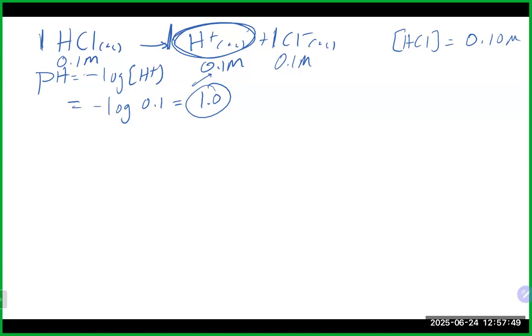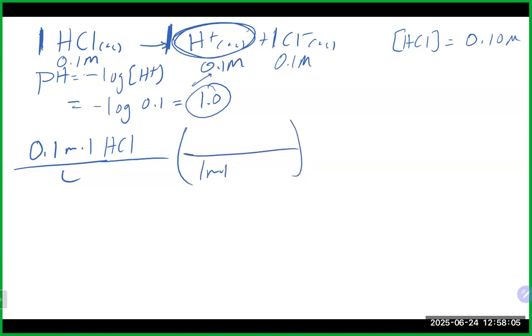Now, if you're not sure what I'm talking about, I'll do the long version of that calculation, which is 0.1 moles per liter of HCl. You basically are doing a mole to mole relationship, right? 1 mole of HCl gives you 1 mole of H plus. Moles of HCl cancel, and you end up with 0.1 moles per liter of H plus.